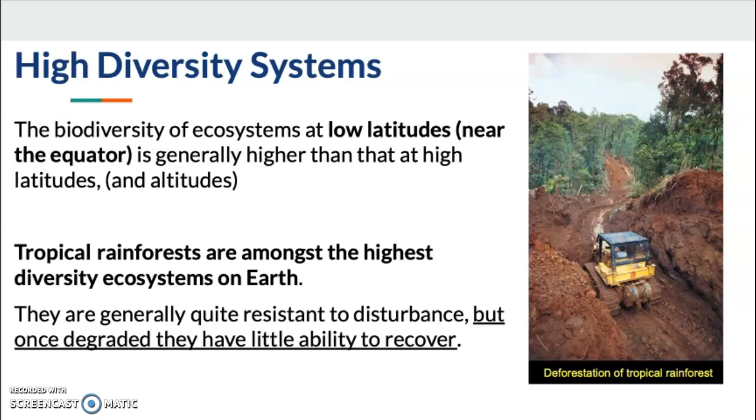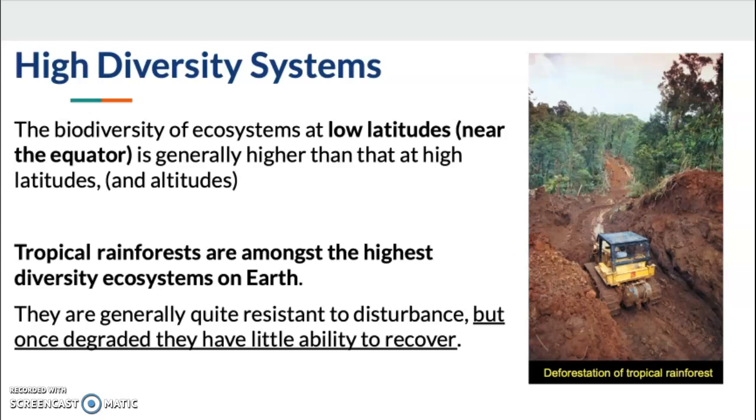Highly diverse ecosystems are typically found at low latitudes around the equator. They're generally higher in biodiversity than ecosystems at higher latitudes and higher altitudes. So we usually think of tropical rainforests as the most diverse places on Earth, and they're usually quite resistant to disturbance.